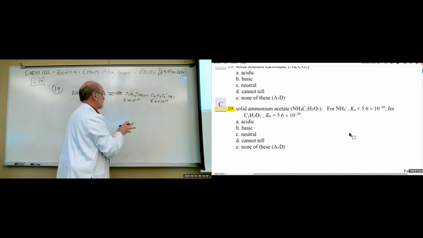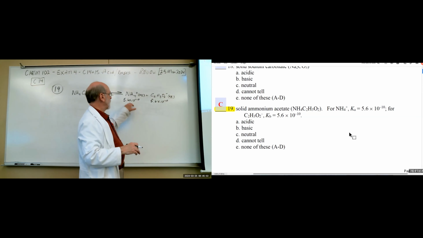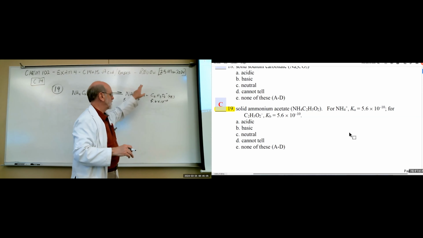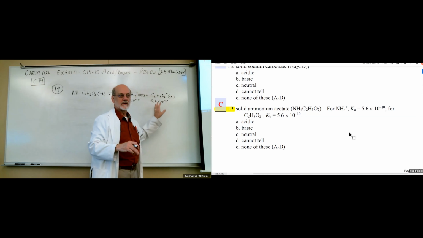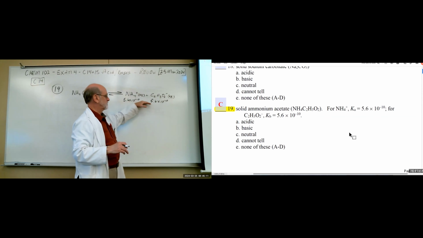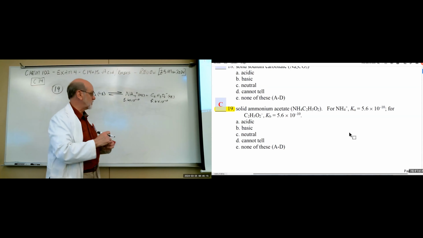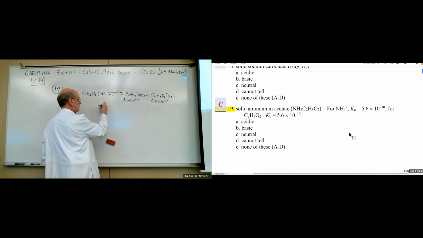What that means is they have an equal ability to either produce protons or accept protons. There's an equal competition for protons here. That means you're going to have a neutral solution.